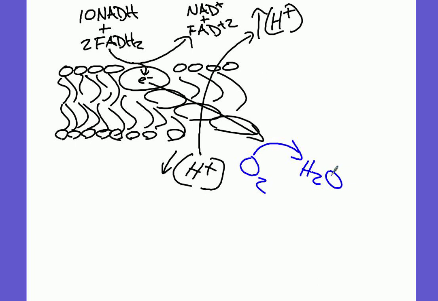Those electrons need somewhere to go. If you don't have oxygen, none of this works, right? Just like that electron transport in photosynthesis would not work if there was no water, right? If there was no water to split to get electrons to begin with. This will not work if there's no oxygen to collect those electrons, to catch them at the end, right?